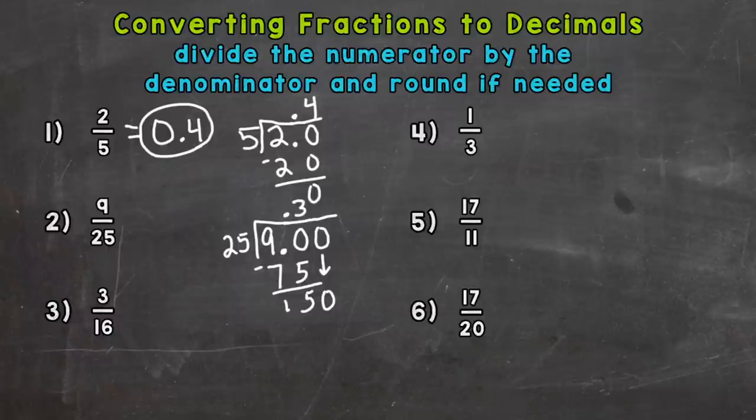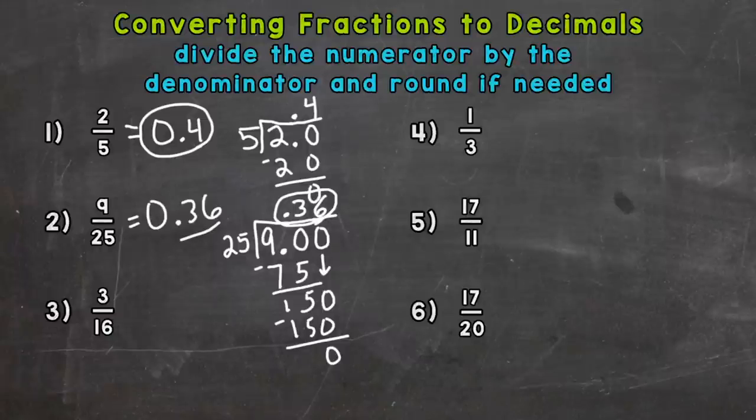And we can pull 6 whole 25s out of 150. 6 times 25 is 150, and we get that clean-cut 0, so we do not need to go any further. We are done. And that problem kind of ran into the top problem there, but our answer is 36 hundredths. So 9/25 is equal to 36 hundredths.